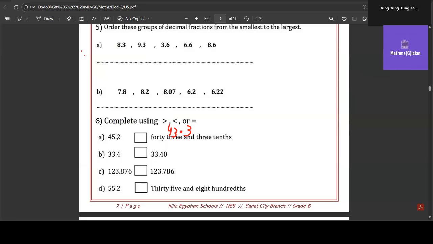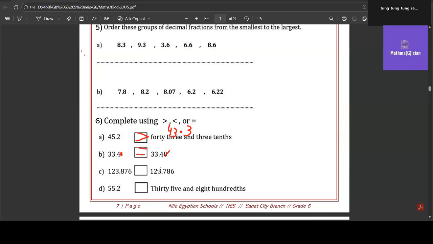Which one is greater, 45.2 or 43.3? It will be 45.2. Next one, we have 33.4 and 33.40. You can remove the zero or add a zero, whichever you prefer. Both of them will be equal.